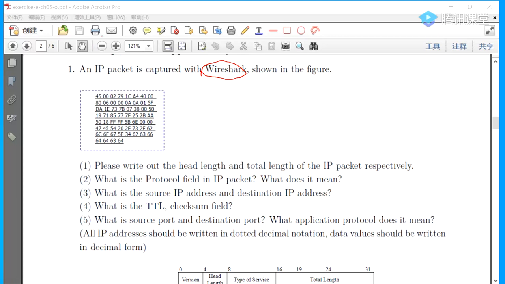The information captured is shown in this figure. 45004279, etc. Now, please answer the following questions.